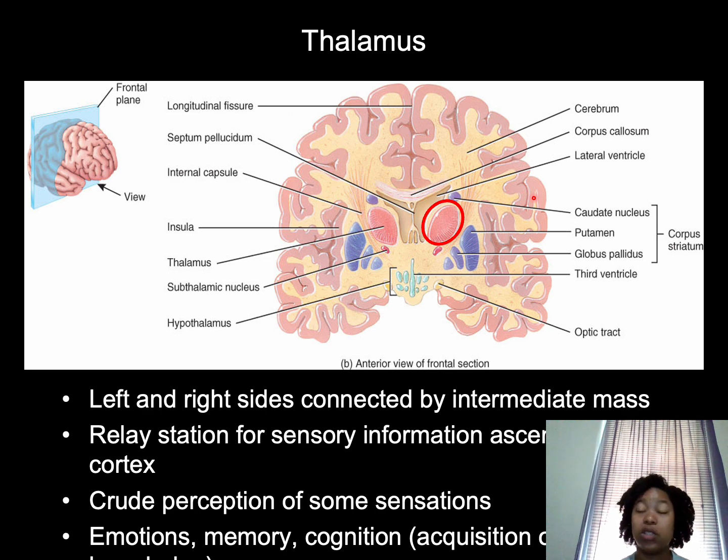Essentially it's just allowing the information in, like, oh, smell, like a salty smell, I'm just using that as an example. It's just rote information that something is happening that your brain is sensing before it can get refined somewhere else in the brain. This is also where emotions and memory and cognition occur, so that sort of abstract aspect of behavior is all around in there as well.